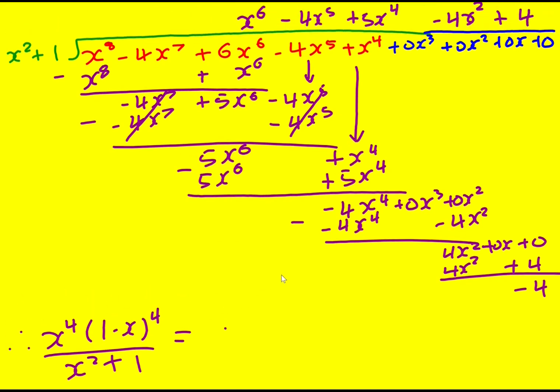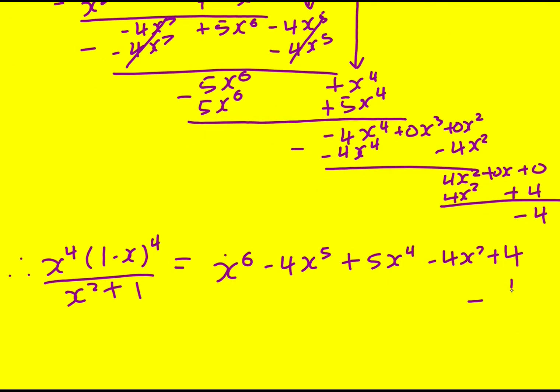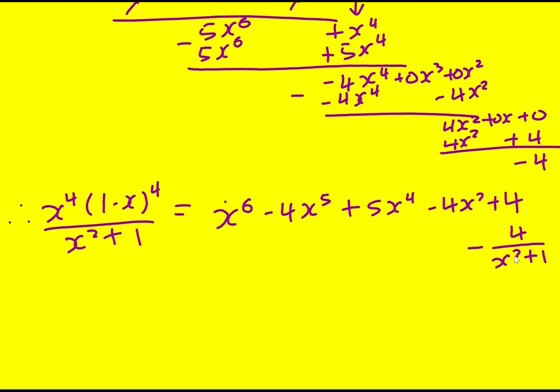I get this quotient that we had at the top, x to the 6, and I've still got my minus 4 divided by x squared plus 1. Okay, because that's my remainder. I've not actually divided it by x squared plus 1.